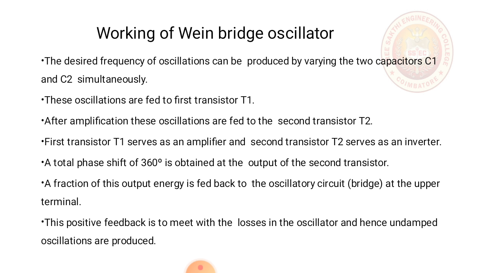Working of Wien bridge oscillator. The frequency of oscillation can be varied by varying the two capacitors C1 and C2 simultaneously.